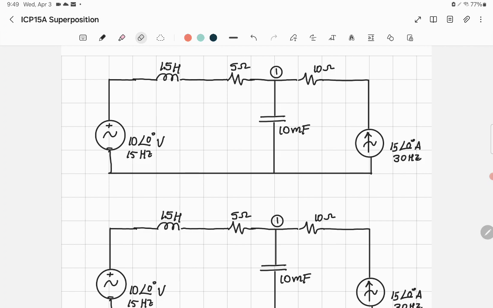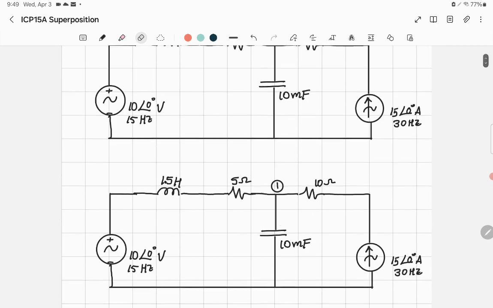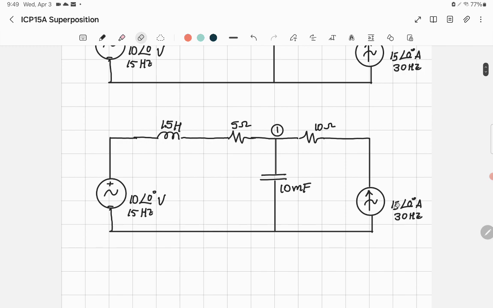So how do you do superposition? As we explained in the previous lecture, you apply one source at a time. Let's say you are going to apply the voltage source. If you apply the voltage source, you set the current source equal to 0. When you say this equals 0 amps, it means it is going to be an open circuit. So this is an open circuit.